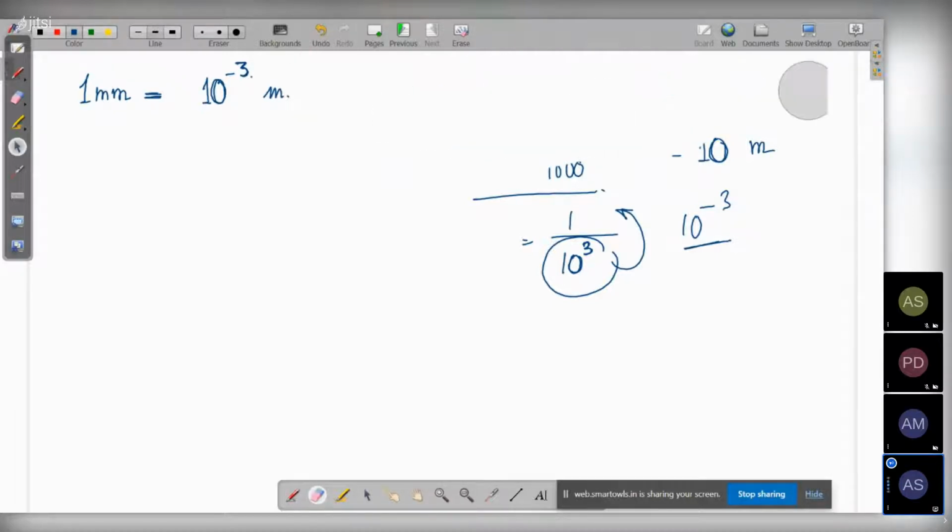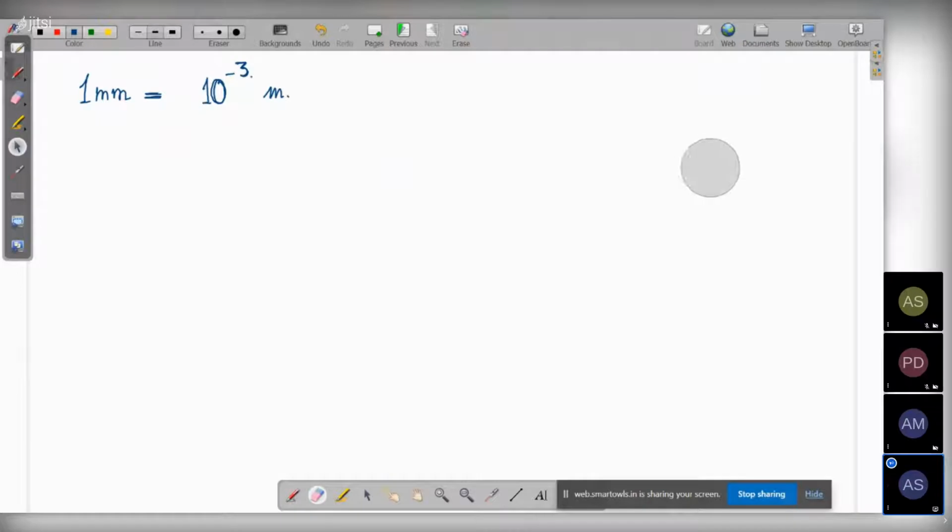And what is 1 micrometer? This mu is called micrometer.